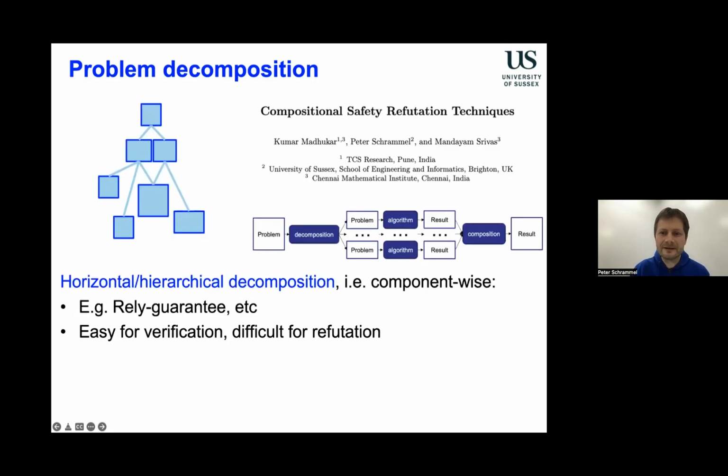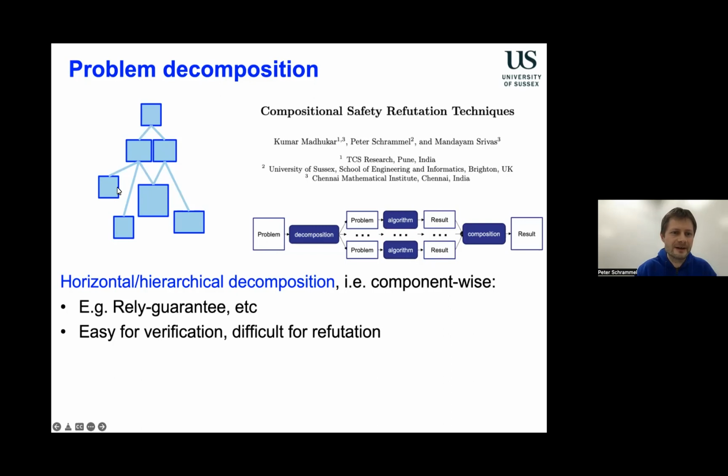We identified two different categories of such decomposition operators. One we called horizontal or hierarchical decomposition. That one follows the components of the system. This is the classical way you do rely-guarantee reasoning.